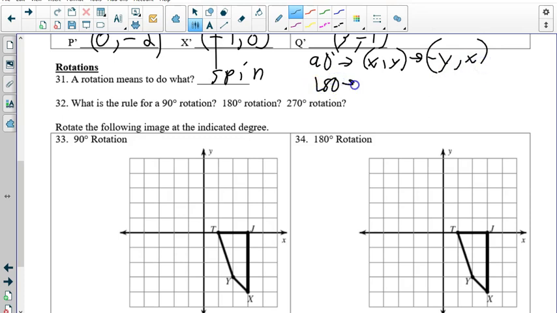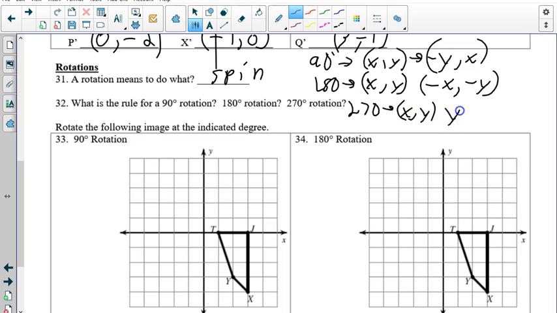For a 180-degree rotation, you start off with X, Y. You just make each of them opposite. And for a 270 rotation, you have X, Y. That's kind of the opposite of 90. The Y and X switch, but the X becomes negative.